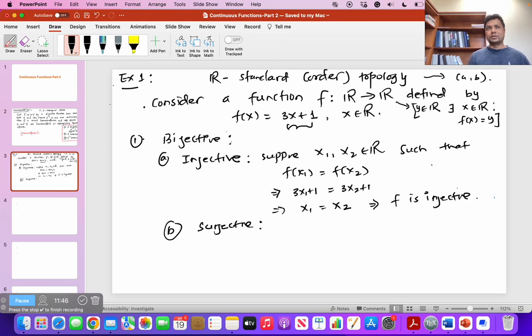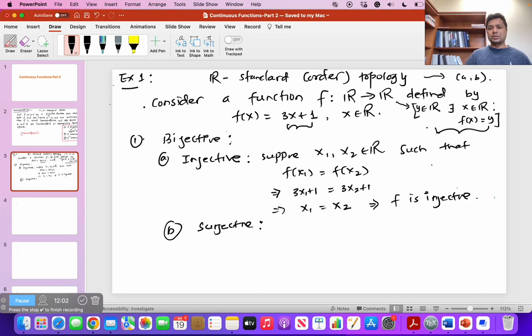If a function's range is the same as the codomain, then the function is surjective. So we need to show this condition is true.